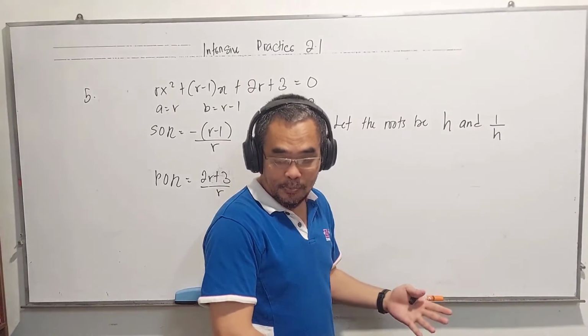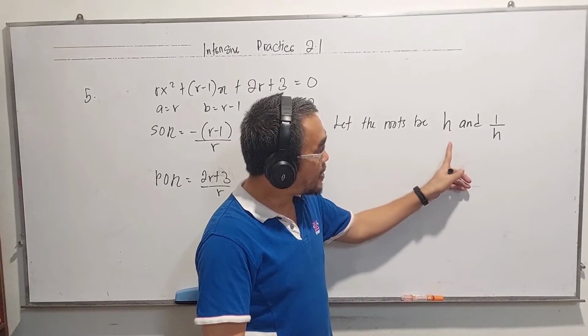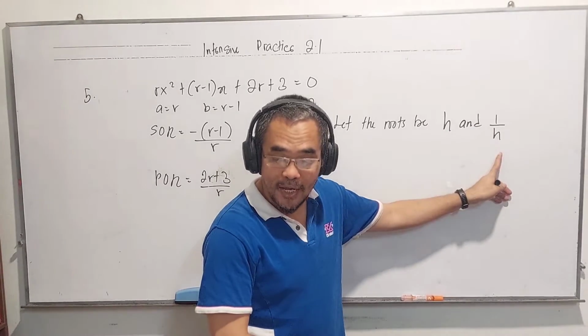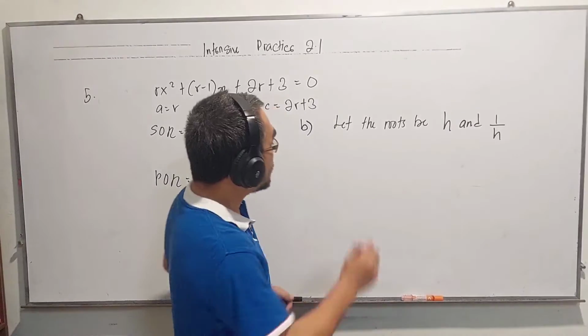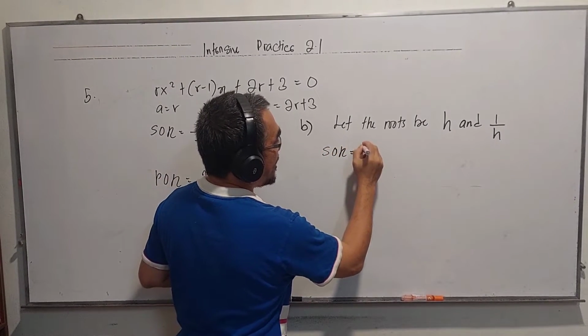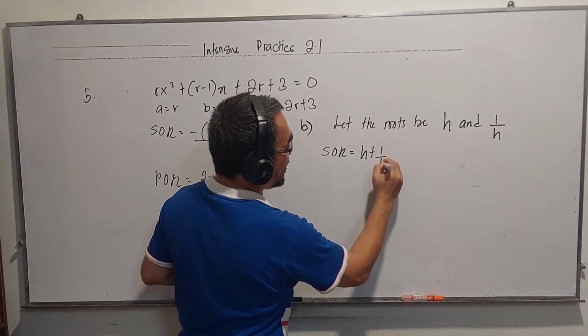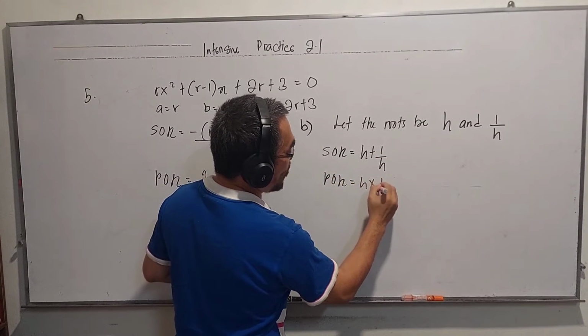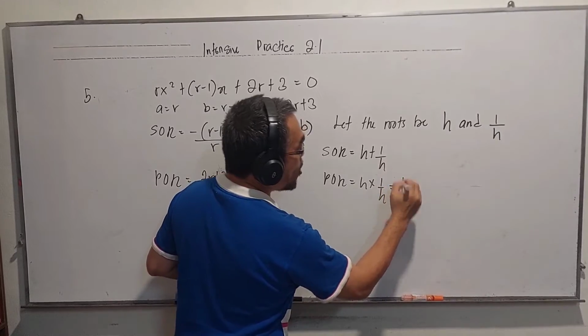H is the reciprocal of 1 over h because h times 1 over h is 1. So the sum of roots is h plus 1 over h.